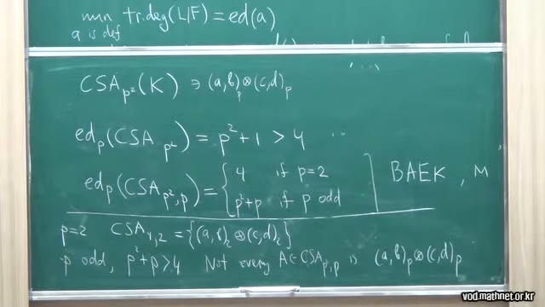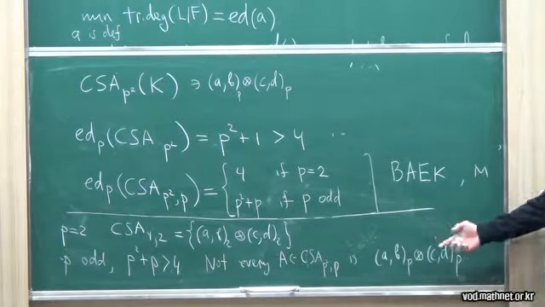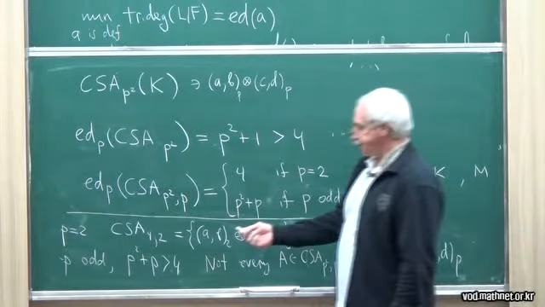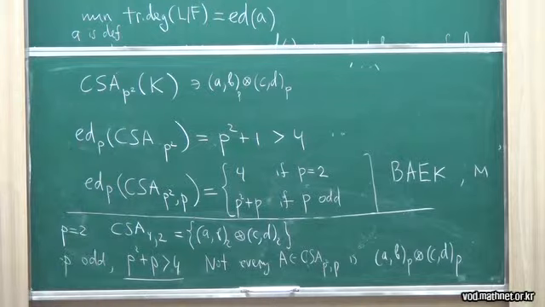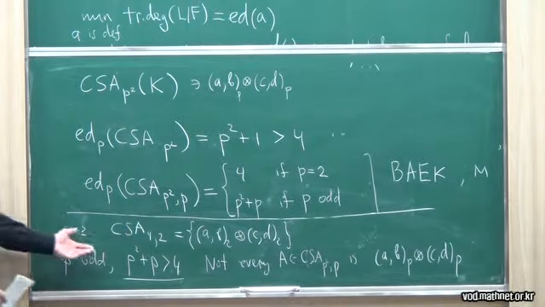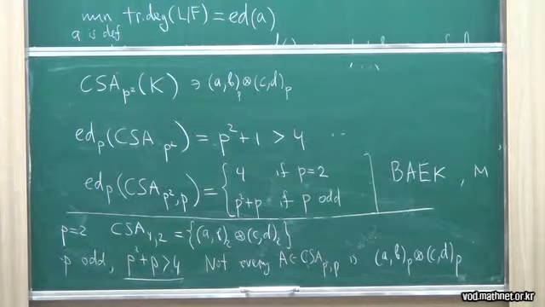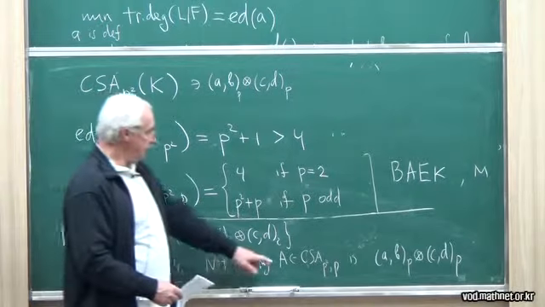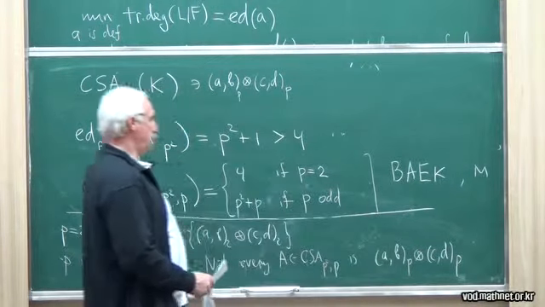So again, we use the essential dimension to disprove a conjecture, and in fact you have an estimate that it's really a much bigger number. So it probably shows that the algebras of degree p squared exponent p are much more complicated than the algebras given by just the tensor product of two algebras.